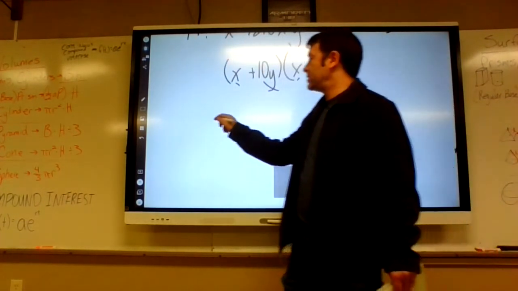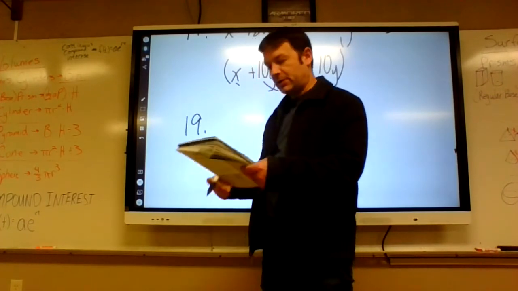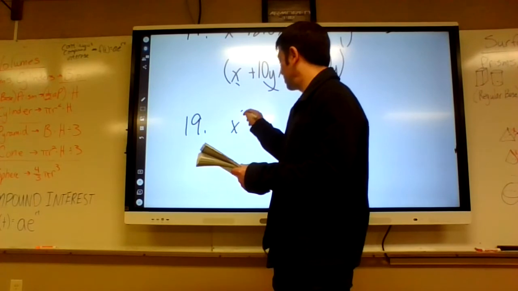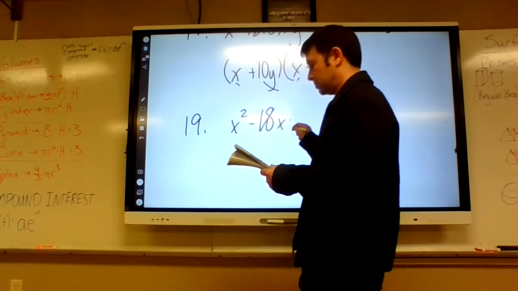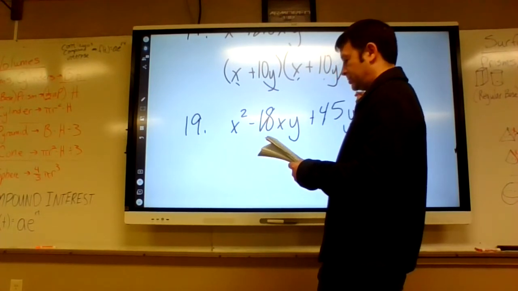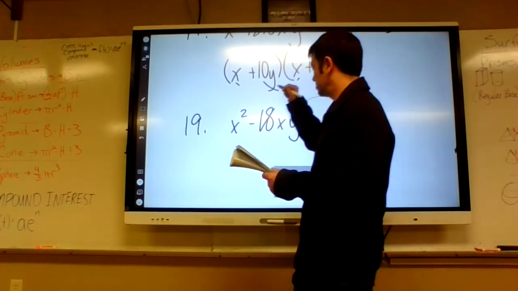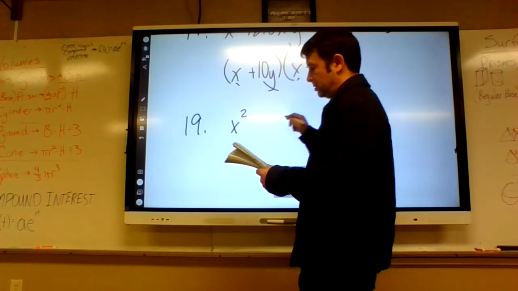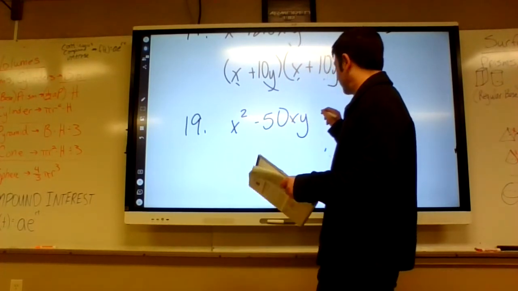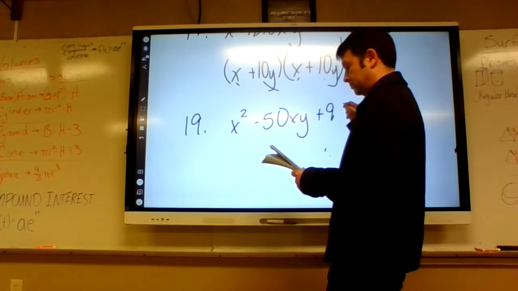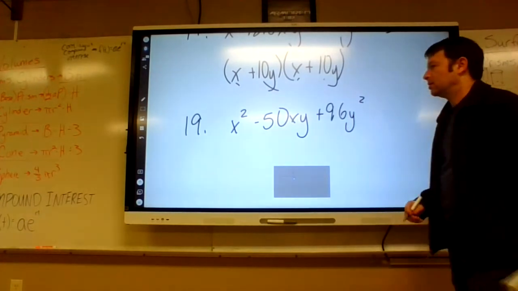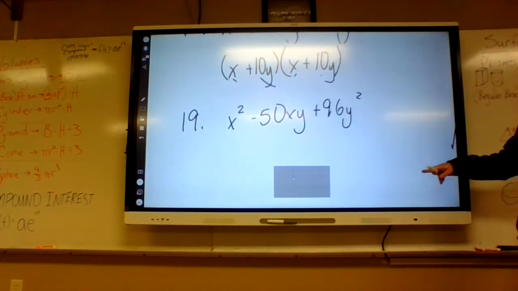Alright, 19. I think all these are like that one. 19 x squared minus 18 xy. Wait, that's not like, whoops, that's 20. Minus 50. This one might be challenging for us. Okay, this is not a prime.